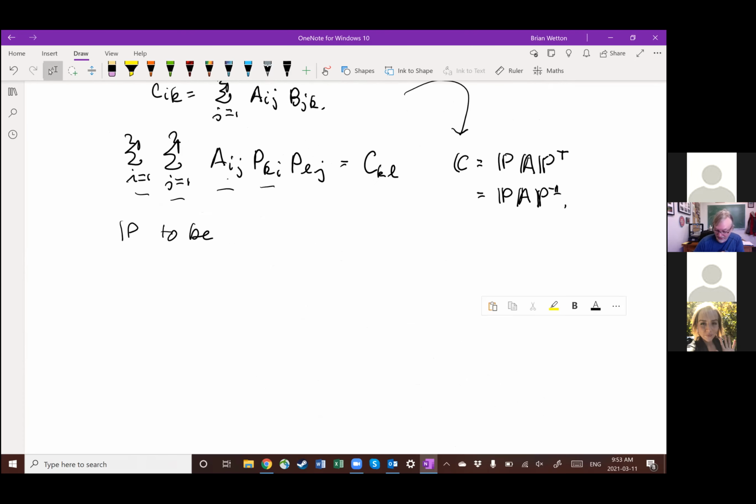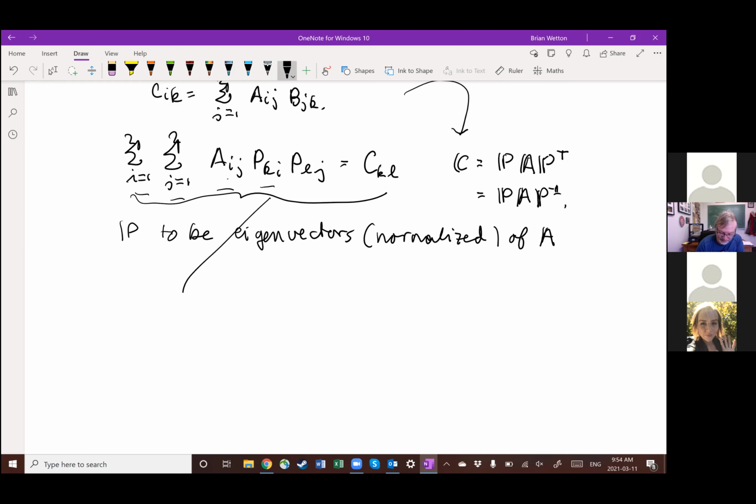So we're going to look at a new set of orthogonal coordinates, and they're going to be the ones that come from the eigenvector directions of the matrix A. So let's take P to be the normalized eigenvectors of the matrix A. And so then this whole thing gives me a P inverse.